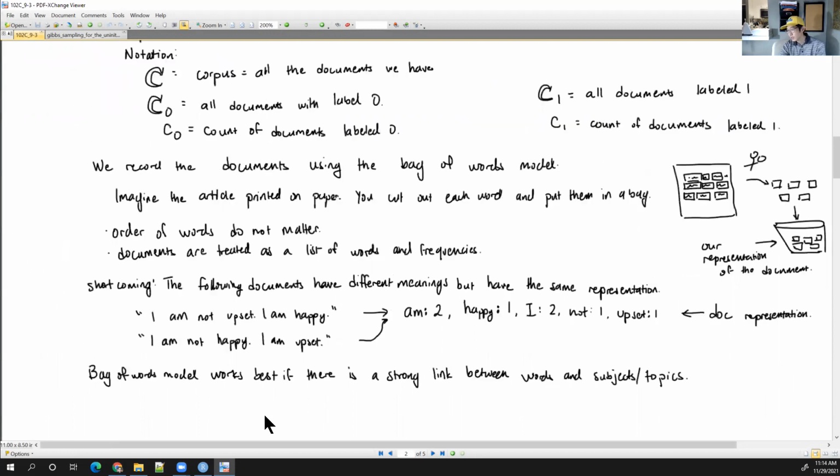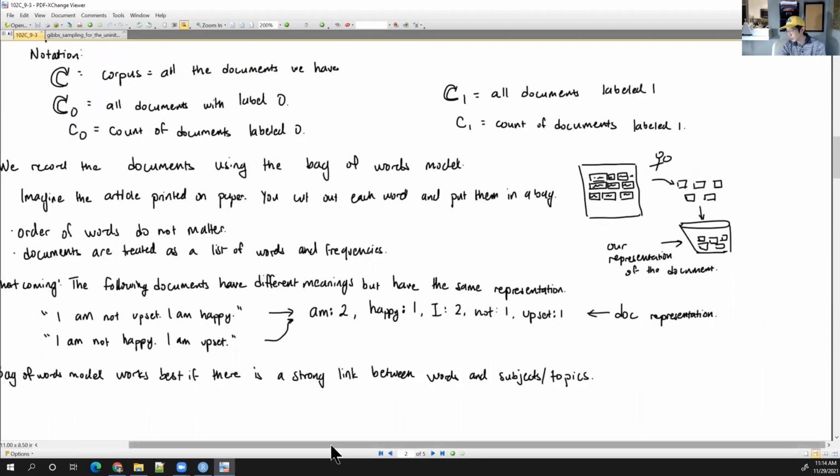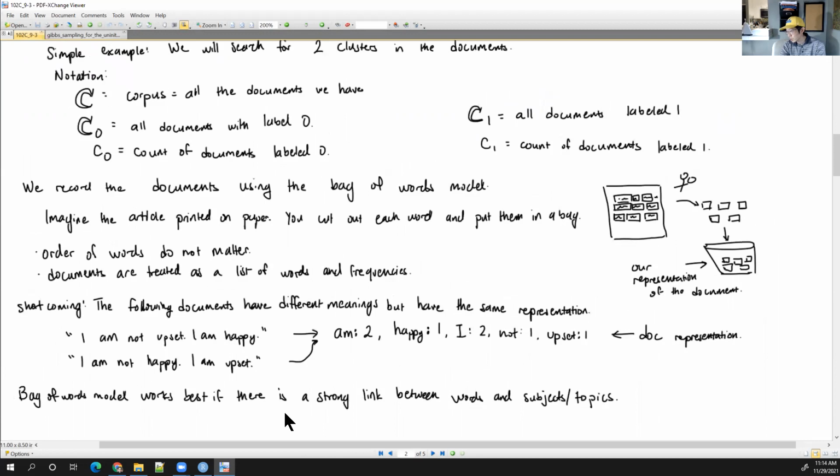Okay, whereas other words won't have a very strong link to a certain topic, right? So, for example, if you hear the word, I don't know, run, it could be in the context of sports. It could be in the context of cars. It could be in the context of a computer program. You finally got it to run or something.